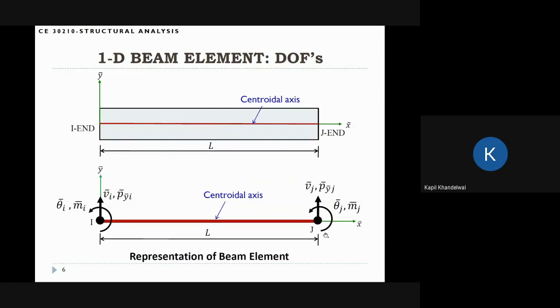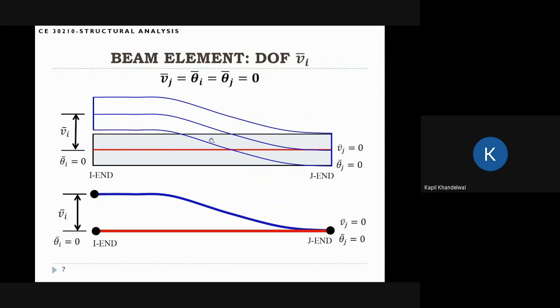So just to give you a physical understanding of what these degrees of freedom look like, let me show you the meaning of these degrees of freedom. For example, this is the degree of freedom Vi. If the beam is deforming only in the Vi degree of freedom, so let's say that Vi is not equal to 0, Vi is some number, all the other degrees of freedom are 0. So I'm actually showing you how the sections will deform. This section just moves vertically up by distance Vi.